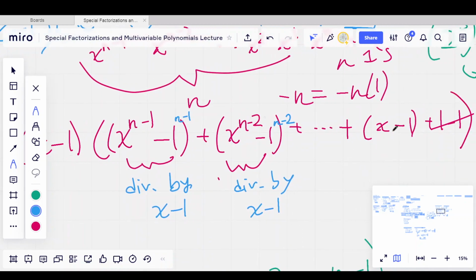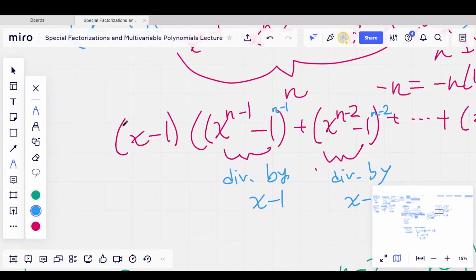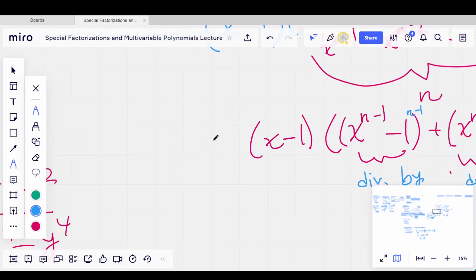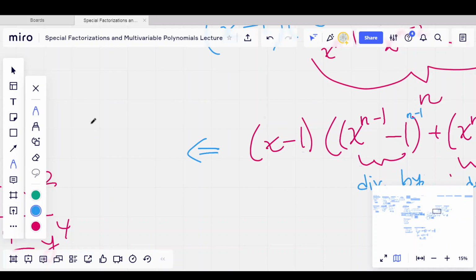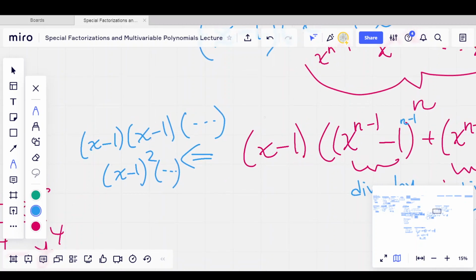And then this is obviously just x minus 1. So we can say that this whole thing can be rewritten as x minus 1 times x minus 1 times whatever this expression is. So it's just x minus 1 squared times this messy expression. And then we are done, hence proved.